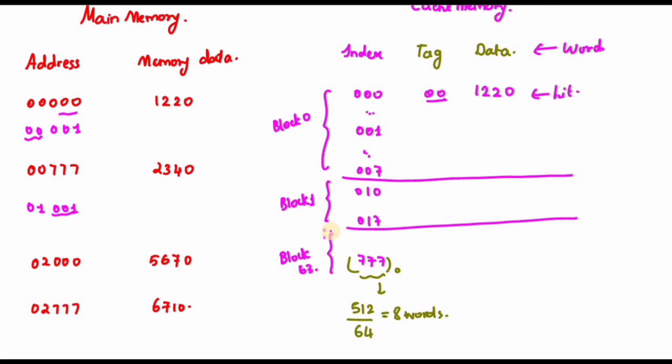Okay, so now what I'm going to do is, after splitting this index field into two fields, one is block field and the other is word field, I have 64 blocks and 8 words each. So 64 into 8 is nothing but your 512.